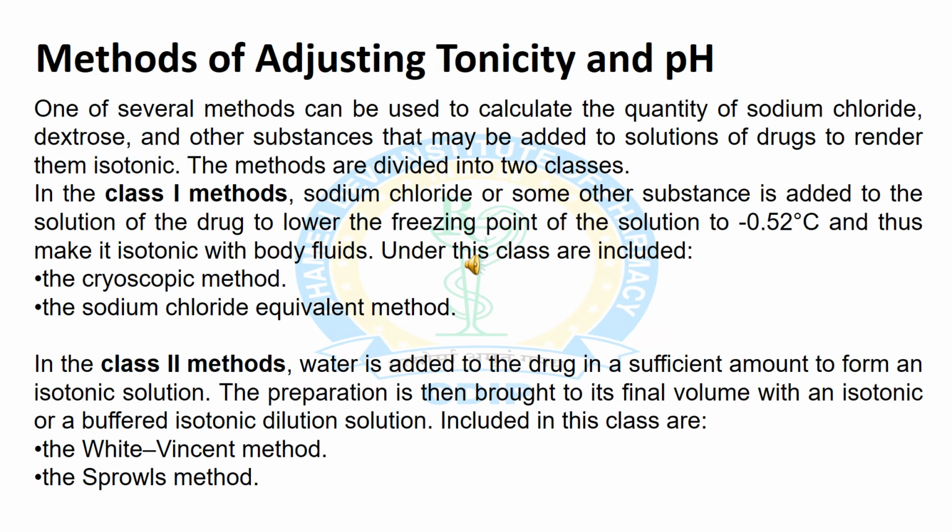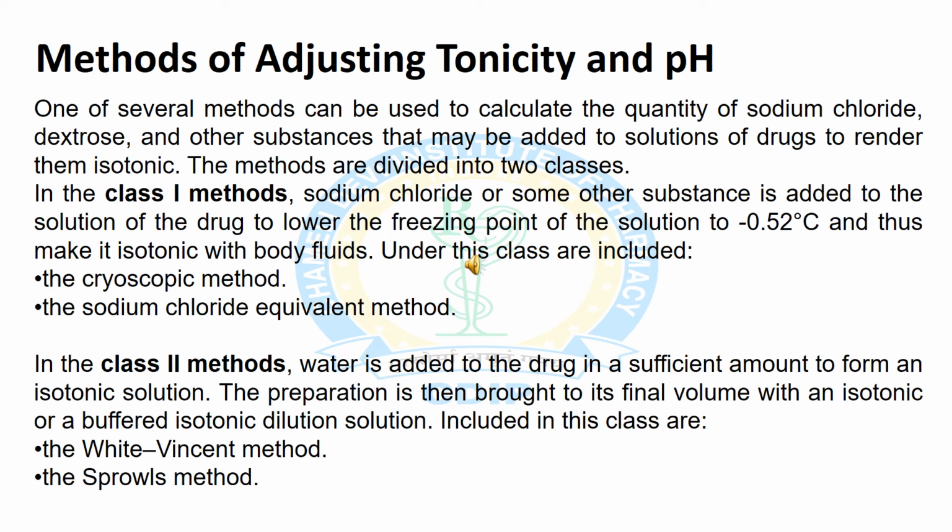Now the next is methods of adjusting tonicity or pH. There are several methods that can be used to calculate the quantity of sodium chloride, dextrose or other substances that may be added to the solution of drugs to render them isotonic.